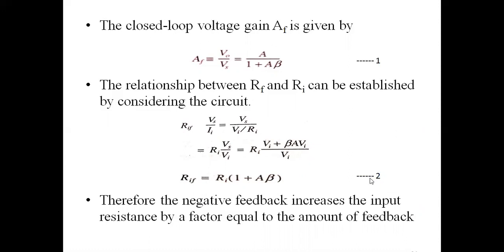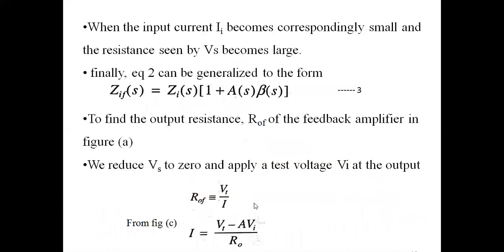By observing this equation, we can say that negative feedback increases the input resistance by a factor equal to the amount of feedback, 1 plus A beta.